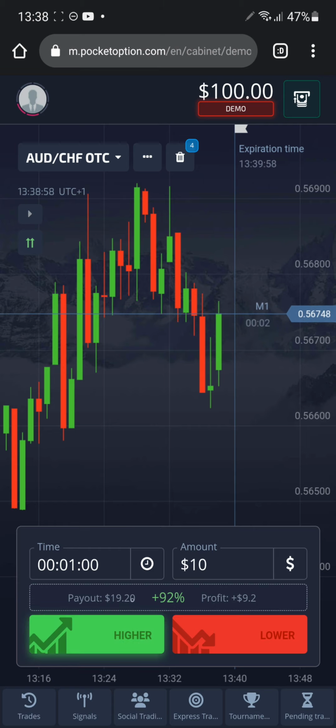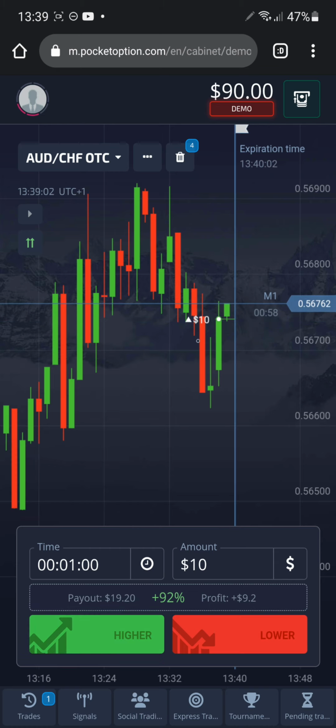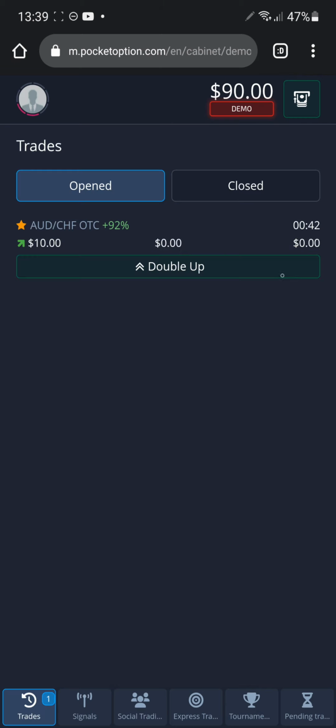So if I enter the market now, I click this green button, meaning the price will go up. Immediately you enter the market like that, you will have your trade open. If you click this trade tab here, it tells you your open trade, and you can see the currency pair, the amount you entered with, the payout amount here, and the amount of profit you will make.